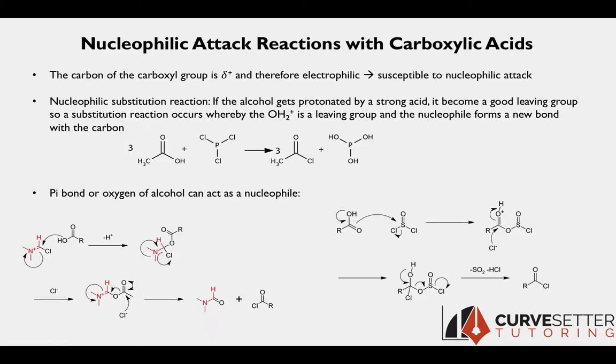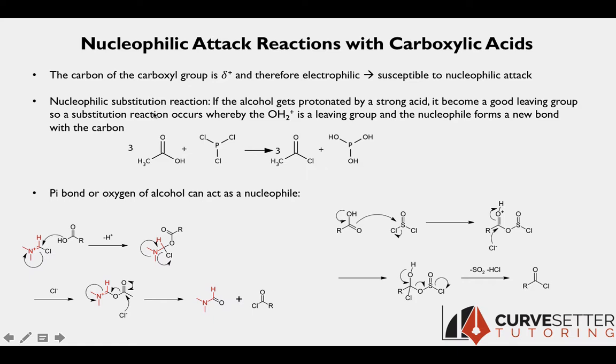So let's talk about nucleophilic attack reactions that occur with carboxylic acids. The carbon of the carboxyl group, as I discussed, is delta positive, and therefore it's electrophilic, meaning that it's susceptible to nucleophilic attack. A nucleophilic substitution reaction is a substitution reaction, so one group is substituted for another group, and it occurs via nucleophilic attack.